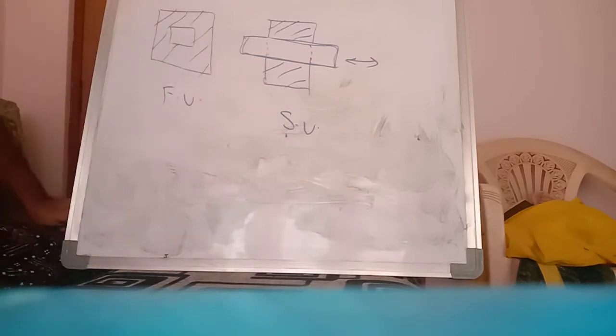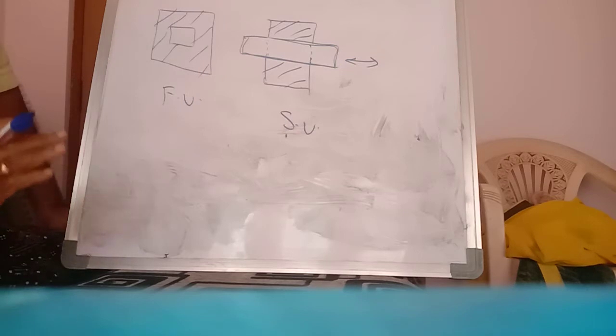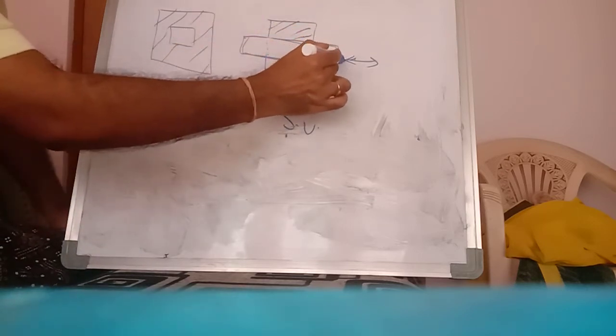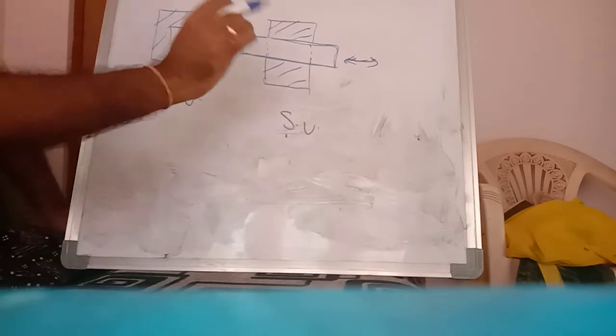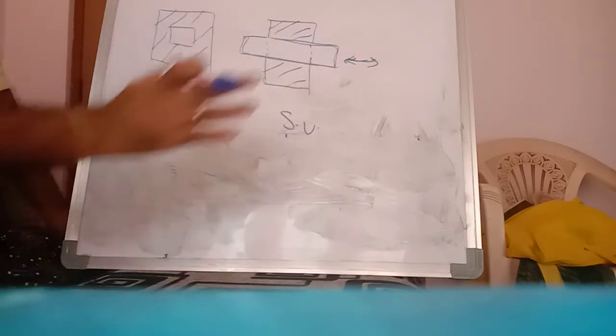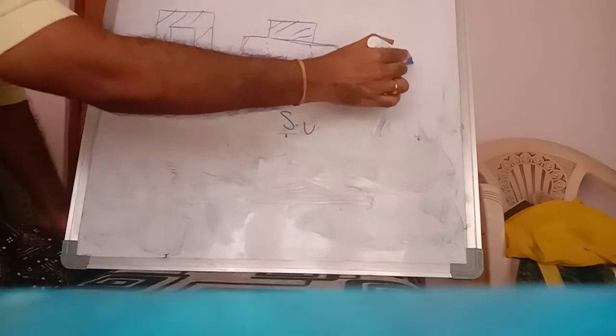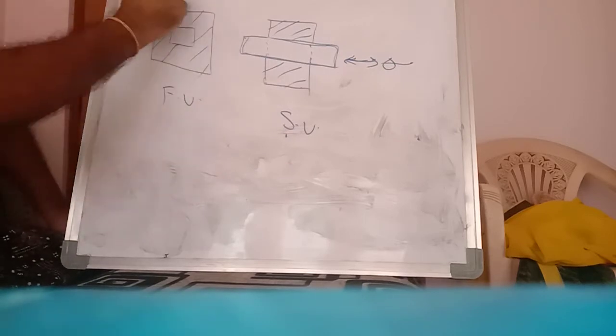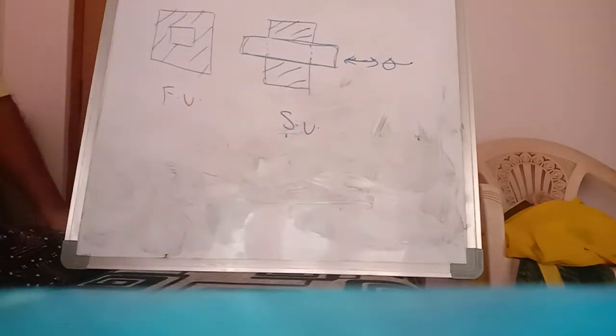That's why it is called completely constrained motion. In a kinematic pair, the motion is in a definite direction, irrespective of external force. There is no external force. If you apply the external force also, it will move only in this direction. So that motion is known as completely constrained motion.